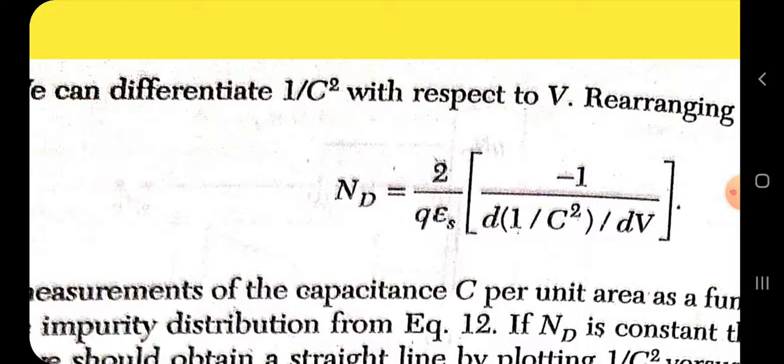If Nd is constant throughout the depletion region, we should obtain a single straight line plotting 1 by C square versus V. The plot of measured capacitance versus voltage for tungsten silicon and tungsten gallium arsenide Schottky diodes is shown. The intercept of 1 by C square equal to 0 corresponds to the built-in potential VBI. Once VBI is determined, the barrier height phi Bn can be calculated.